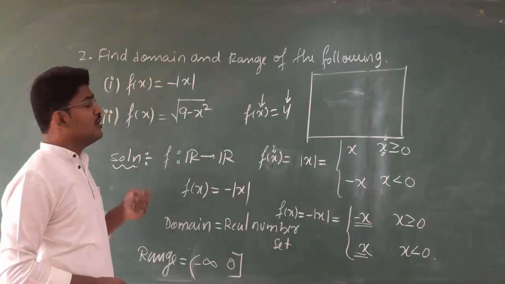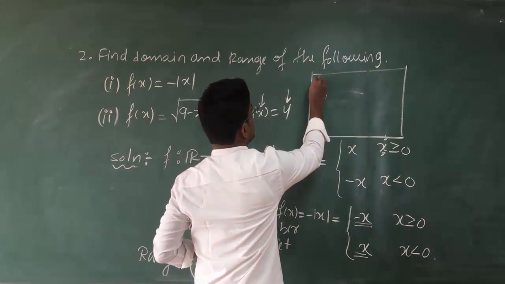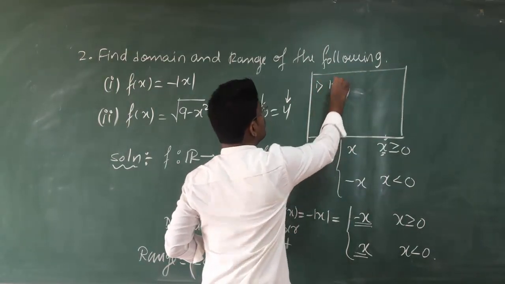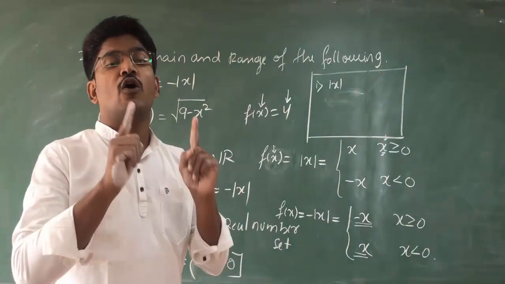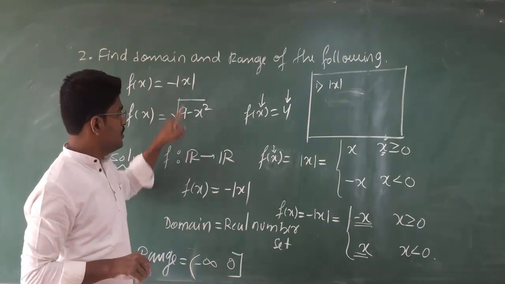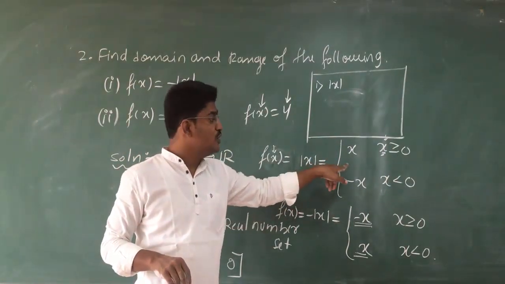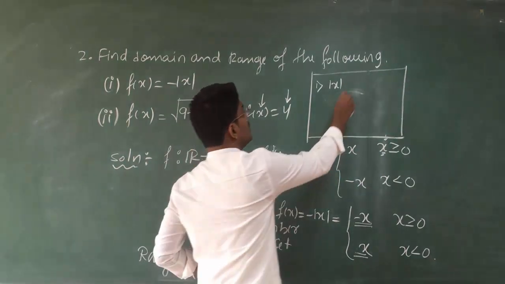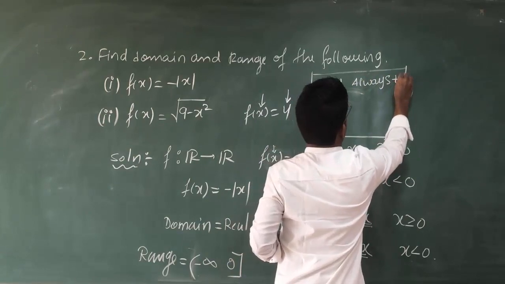Okay. For that shortcut, you must know 2 points. First one is, what is mod x? Mod x means it is always positive. We have already explained mod x. Mod x gives always positive.